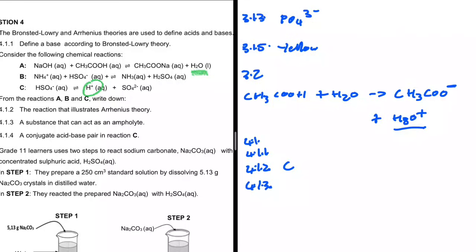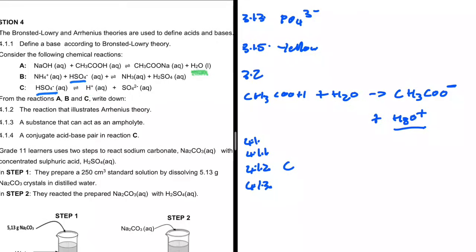So whether it is acting as an acid or as a base in reaction A is not really going to matter, because we don't have an opportunity to demonstrate that it is acting as the other in another reaction. But I'm realizing here that in reaction B we have HSO4 minus, and in reaction C we also have HSO4 minus. Let's see if HSO4 minus acts as both an acid and a base in these reactions.